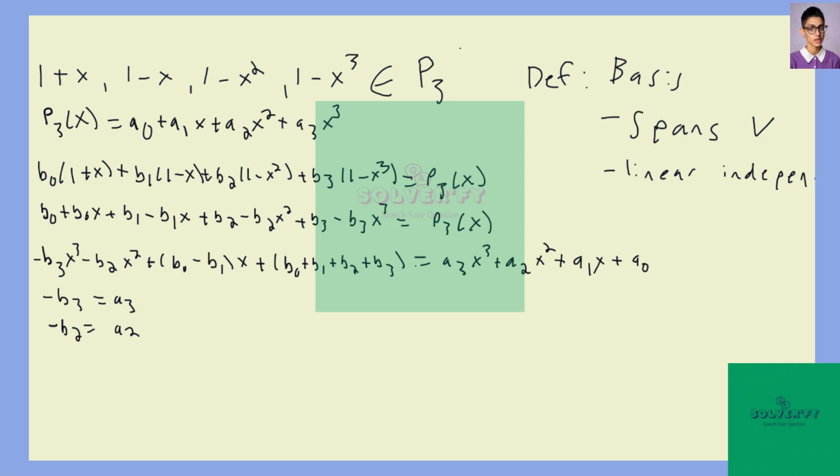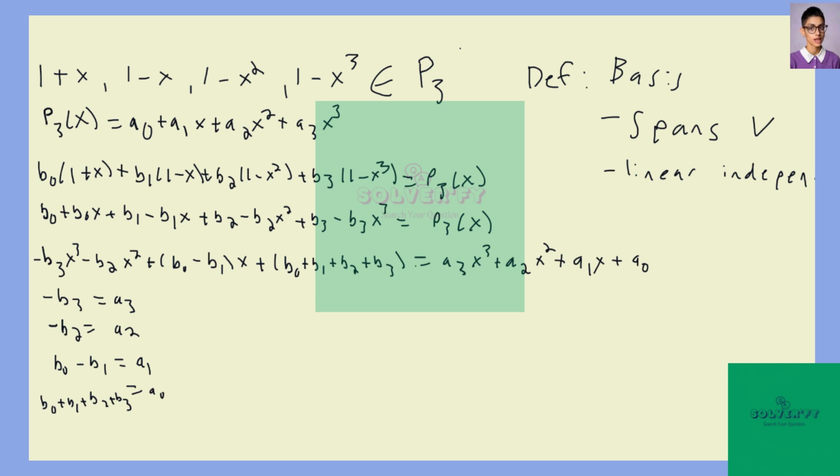And then we have b0 minus b1 is equal to a1. And then we have that this sum equals a0. So b0 plus b1 plus b2 plus b3 is equal to a0.